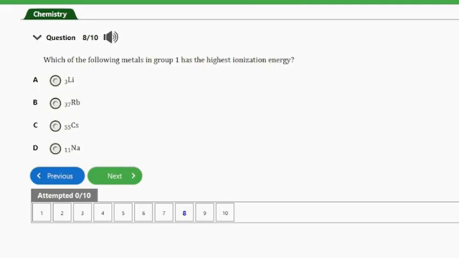So guys, the fact that lithium has an atomic number of 3 should let you know that the electrons are actually closer to the nucleus, and as such it will require more energy to remove an electron from this element than the energy that will be required to remove electrons from other elements that are downward in this same group. So guys, that's it for that question.